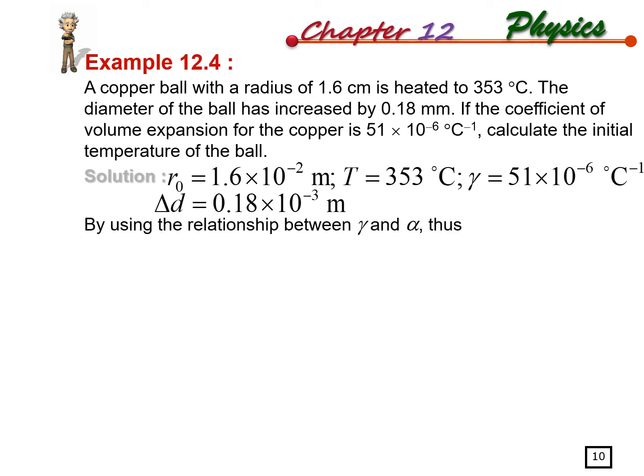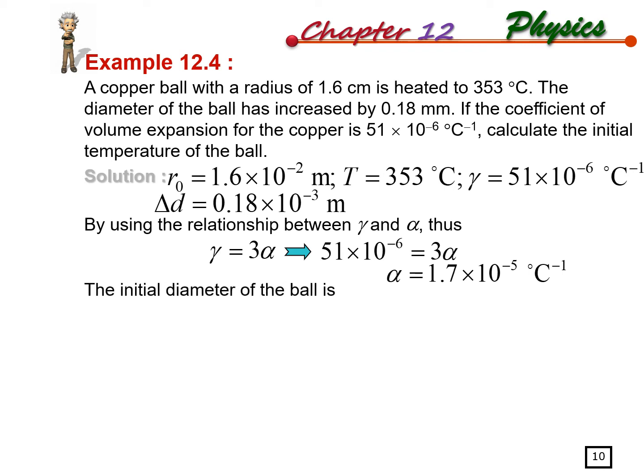By using the relationship between the coefficient of volume and the coefficient of linear expansion, since the coefficient of volume is equivalent to 3 times the coefficient of linear, we can determine the value of the coefficient of linear expansion.